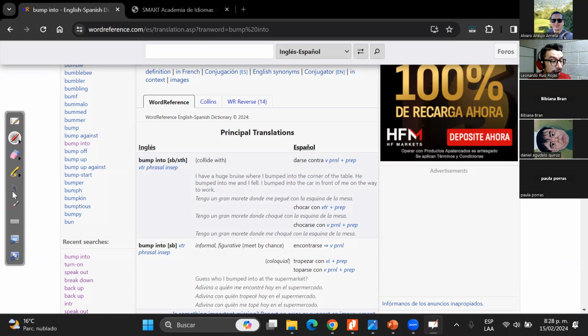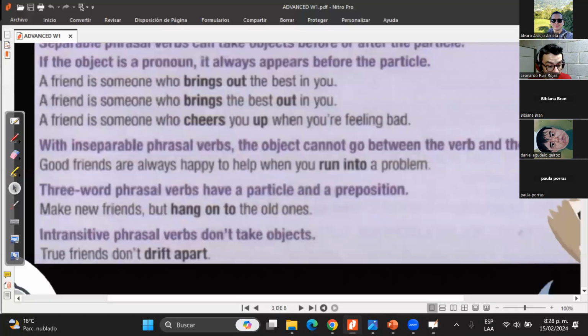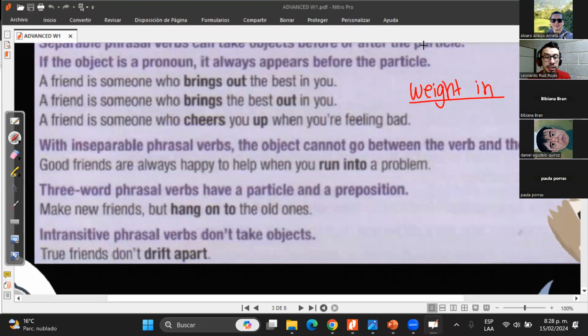So we're going to have a very big variety of different verbs, no? And some verbs have the possibility to receive another particle, no? For example, we saw at the beginning that we have weigh in, ¿cierto? Que es como sopesar las cosas, but le agregamos una más, que era weigh in with, y ella se transformaba en estar del lado de, ¿cierto?